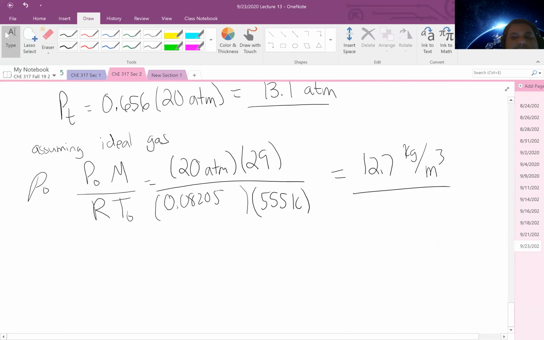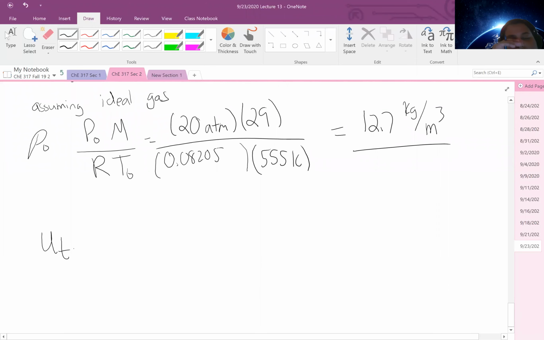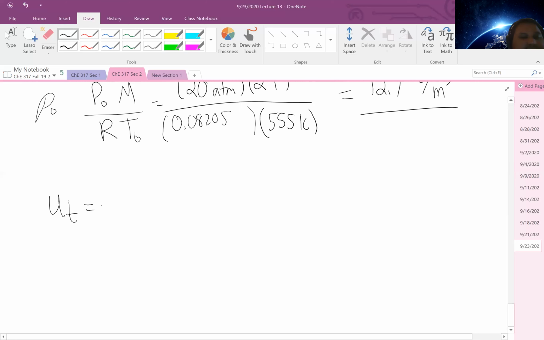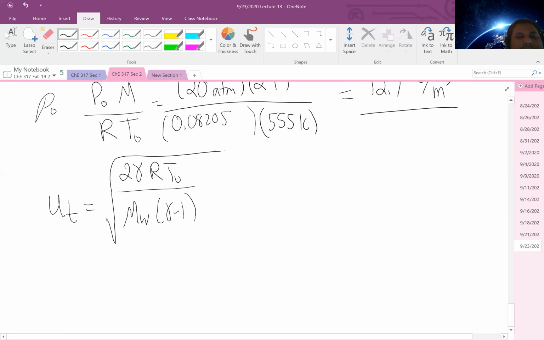So we needed this to solve for the velocity of the throat, which we can solve using an expression that looks like this: 2 times gamma times R T naught divided by the molecular weight times gamma minus 1, times the quantity 1 minus pressure of the throat over the initial pressure, to the power of 1 minus 1 over gamma.